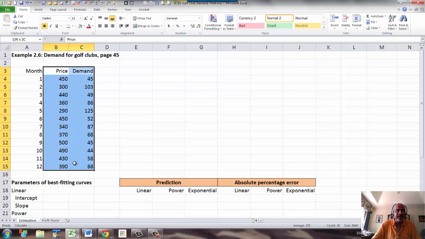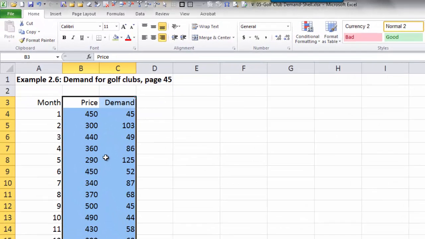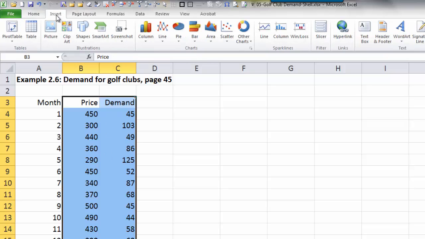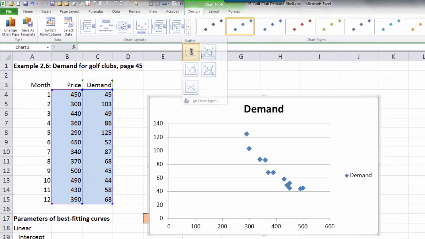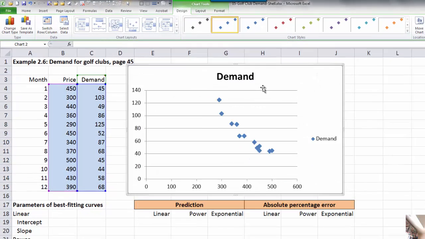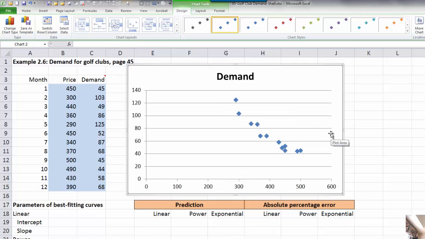We can highlight the two columns and then insert a scatter plot, and we will use the first one. This will give us the plot correctly. The demand will be on the y-axis and the price is on the x-axis. There is only one y-axis value, so we don't need the legend.